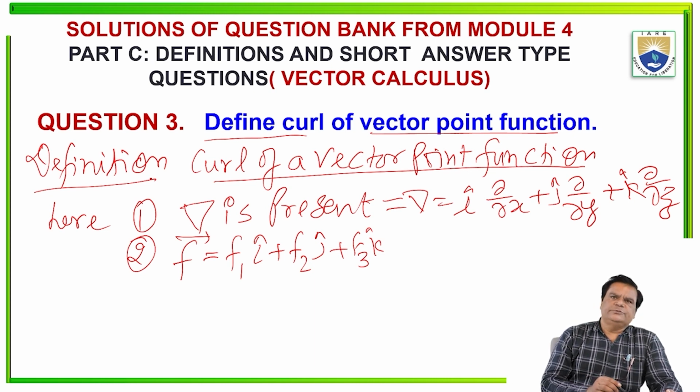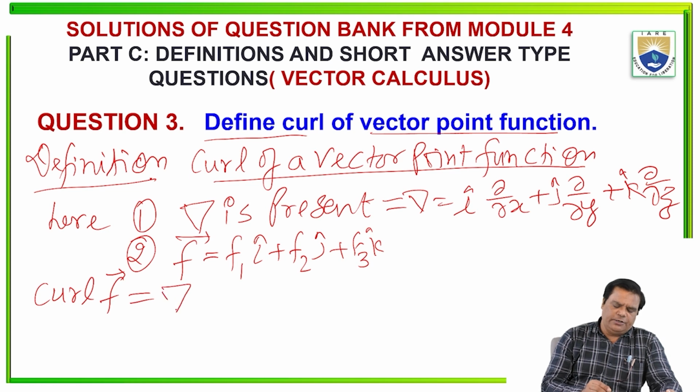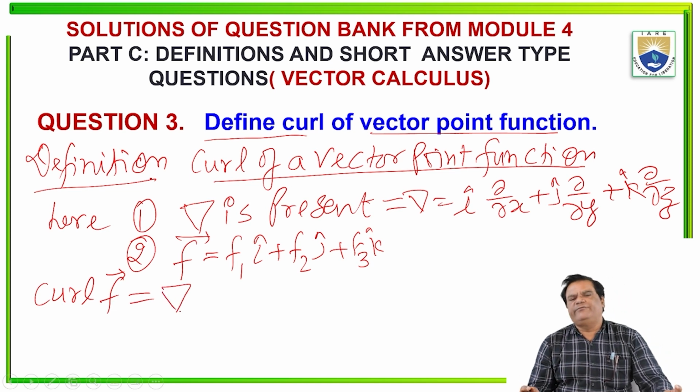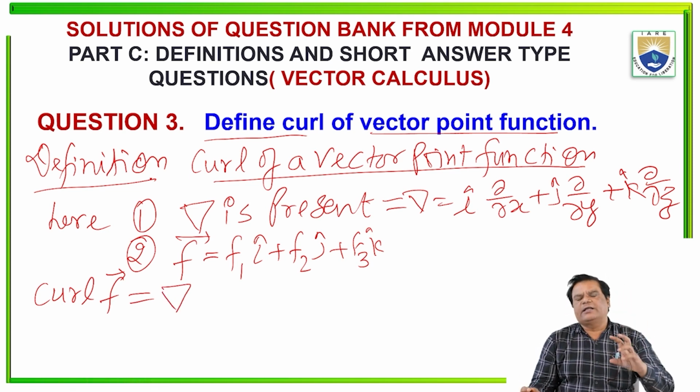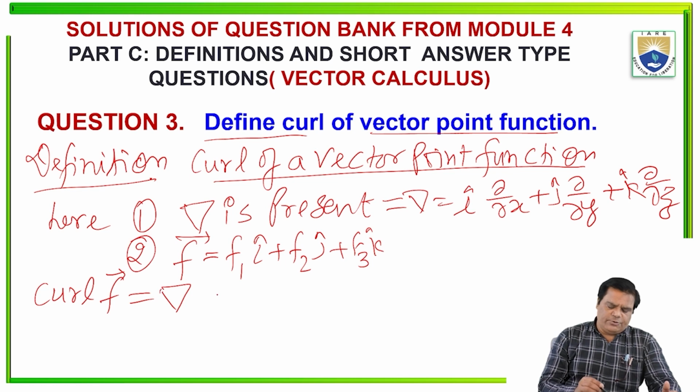So now curl f vector equals the cross product between del and the vector point function, which is known as curl f. So here it is del cross f vector.